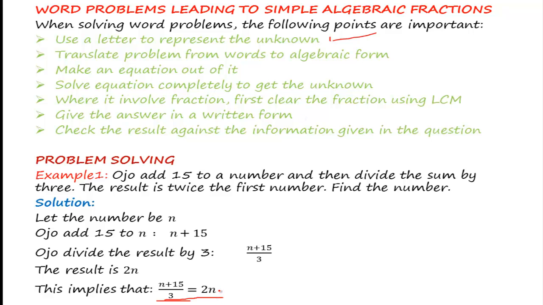That is, we have to get what n actually is. And then they said where it involves fractions, you have to first clear the fractions. So this part must be cleared first. Then we give our answer. When we get the solution, we give our answer in written form. Let's move on.